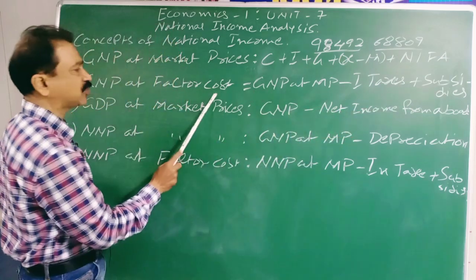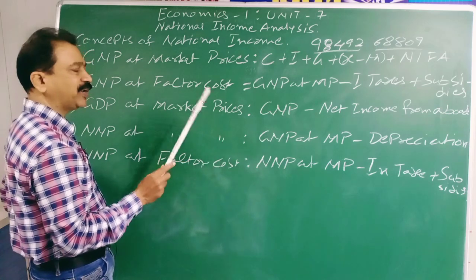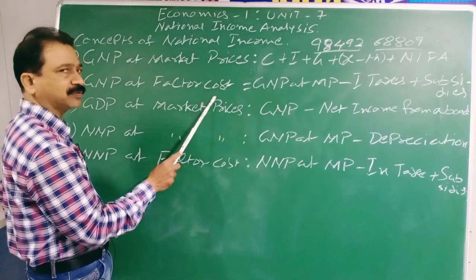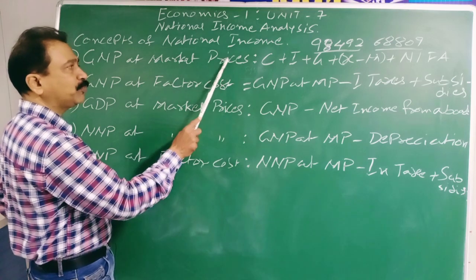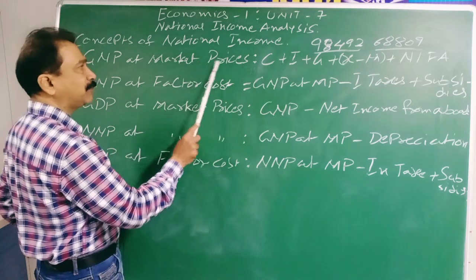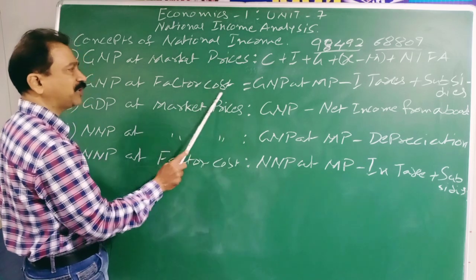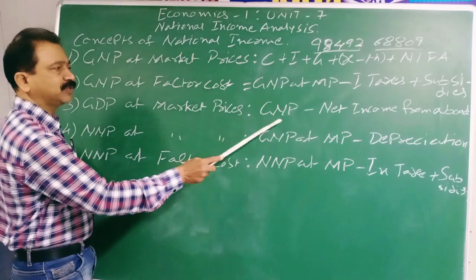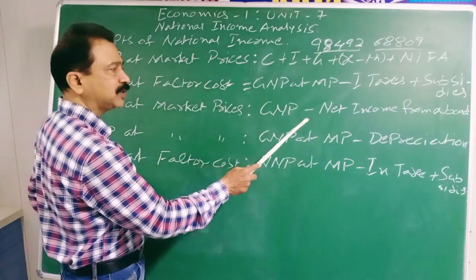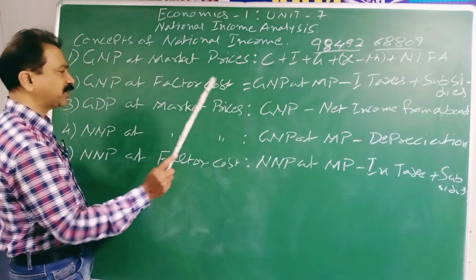You will get the factor cost. The same principle is going to apply again and again. Whenever you want the factor cost from market prices, you have to remove indirect taxes from the market prices and add the subsidies to the market prices, then it is going to be the factor cost. See here, GDP at market prices: GNP minus net income from abroad equals GDP at market prices.